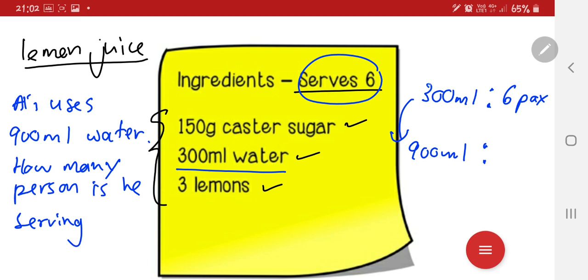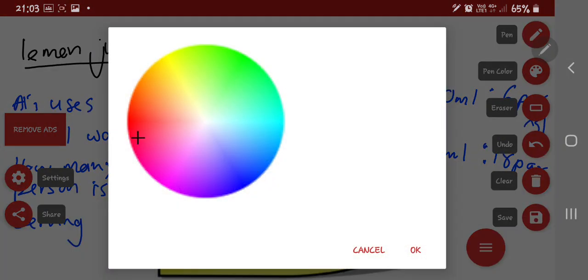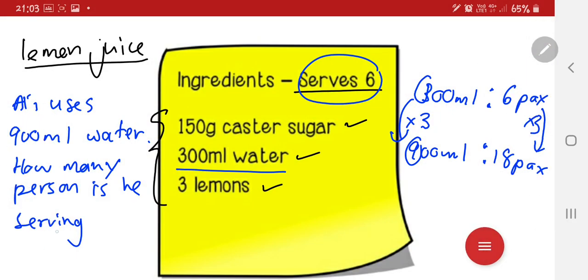Just by looking at the front numbers 3 and 9, you multiply by 3. So the same goes for the packs, you multiply by 3. So 6 times 3 is 18 packs. So your answer to how many people he is serving is 18.